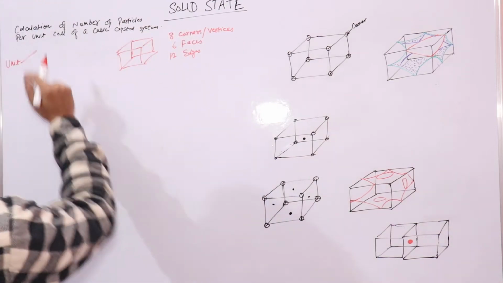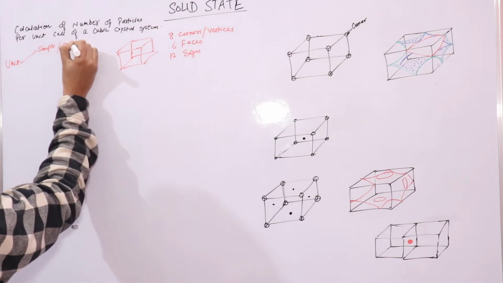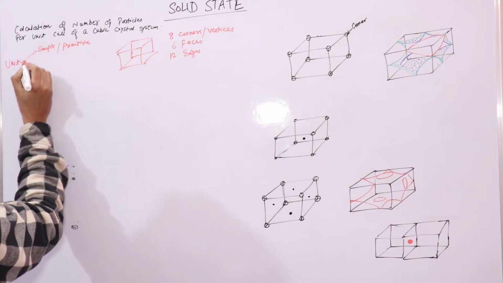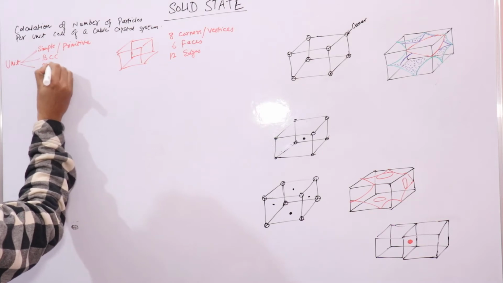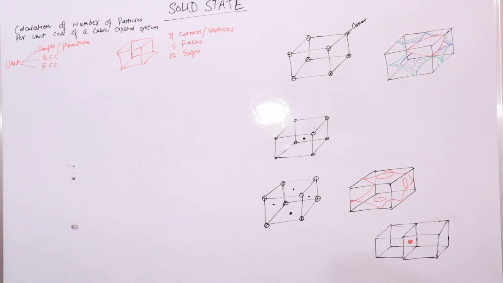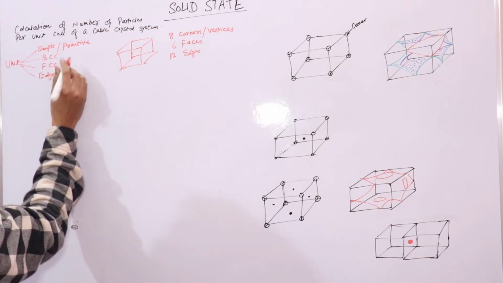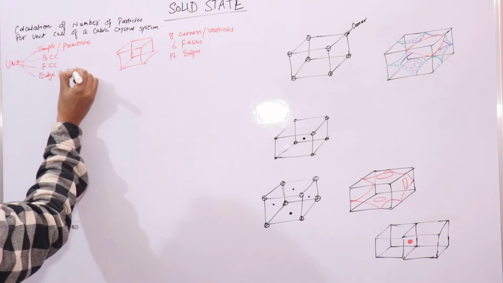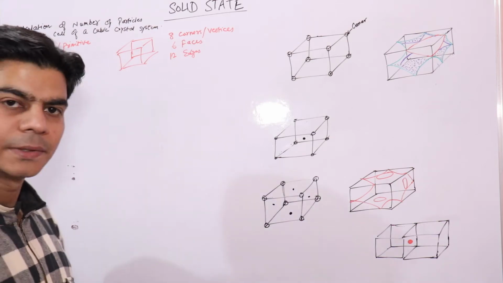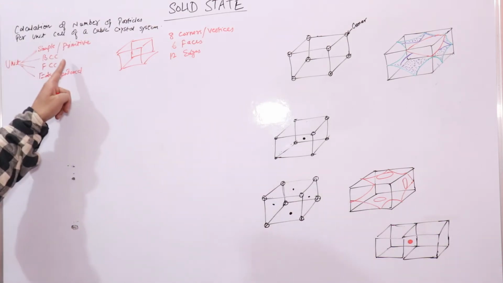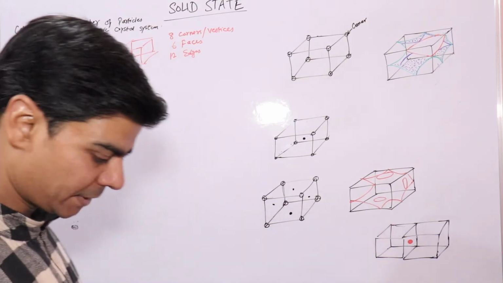Types of unit cell: simple or primitive, then body centered, BCC, then face centered, FCC. You have one more, the edge centered unit cell. So these are the types of unit cells that we have already studied, and we will be finding the number of particles in each type of unit cell.